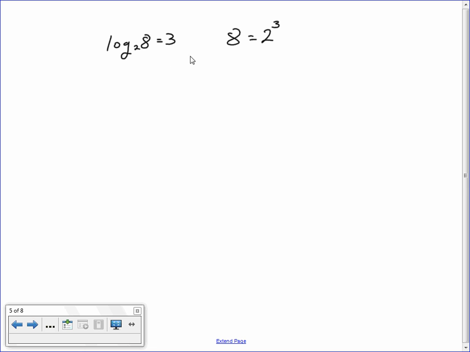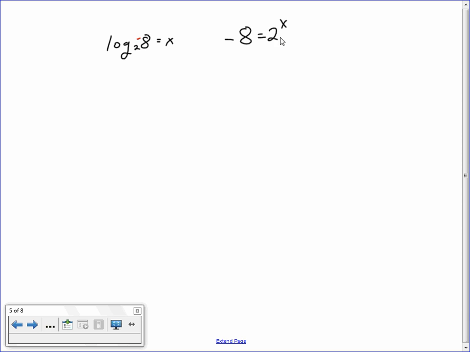Alright, however, let's suppose that instead of a positive 8, we had a negative 8, and we weren't sure what that was. Then we just set that equal to x. Log base 2 of negative 8 equals x. That implies that negative 8 is equal to 2 to some power.